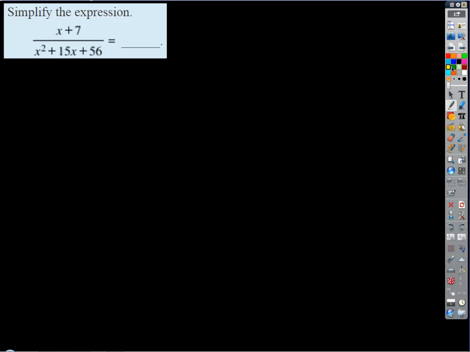Well, you might have been thinking the right thing, you just said the wrong word. Yeah, we're going to factor it. We've got to break it into factors. Okay, so then what do we get? On the top, it's already factored. On the bottom, what does that factor into? What are my magic numbers? Common denominator would have been right if we were adding or subtracting, where we would have had to create a common denominator from the factors, and we'll do one like that in a second. 7 and 8. Okay, so 7 and 8.